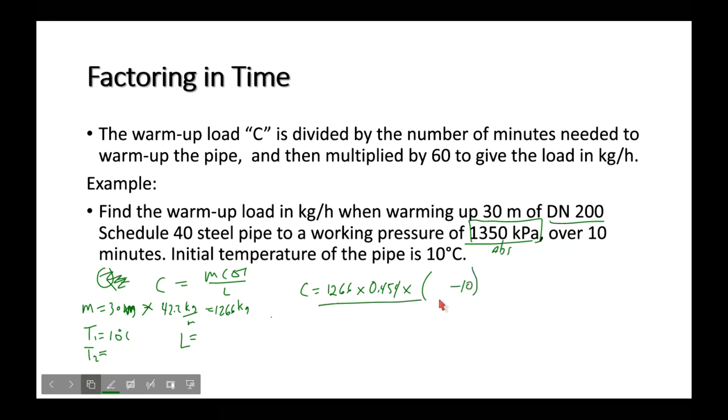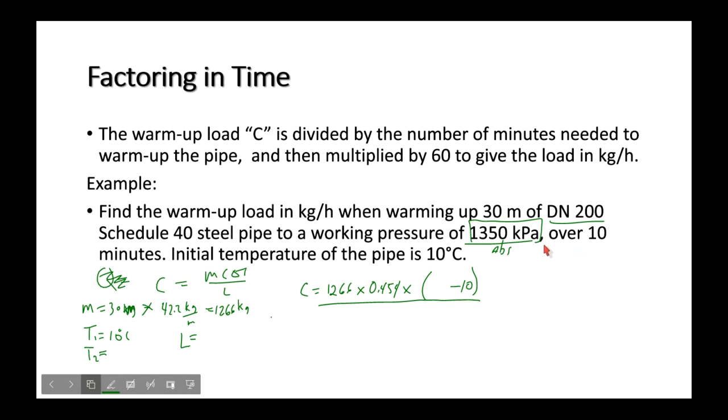Okay, we'll need an interpolation. We have for 1300 and 1400. So that would be maybe a quick one.